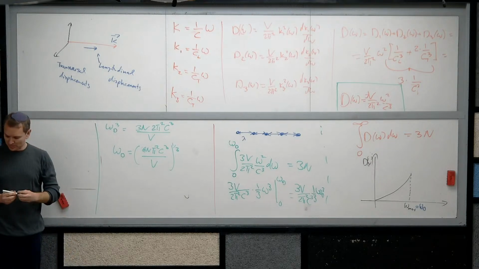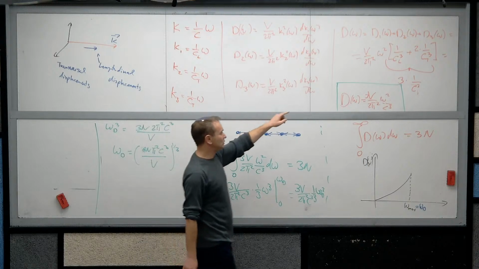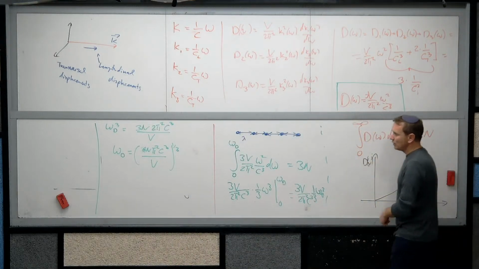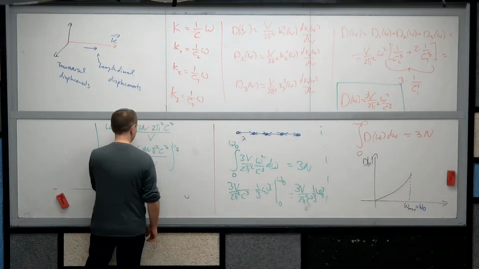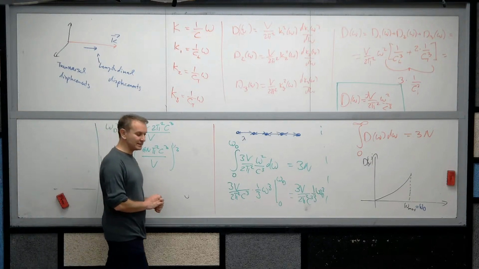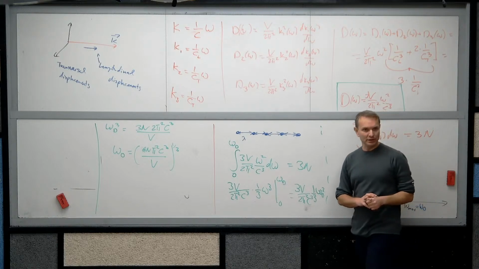So this is omega Debye. Now everything is defined. We have D of omega. D of omega goes from 0 to omega Debye. Omega Debye is provided by this expression. So we know how many exactly phonons there are for each given omega.